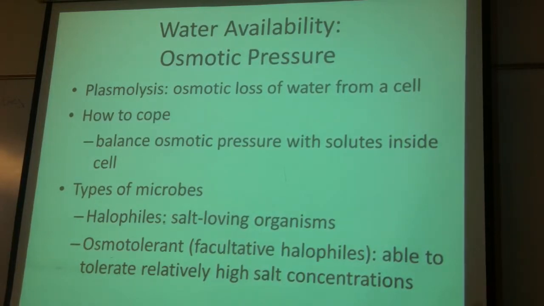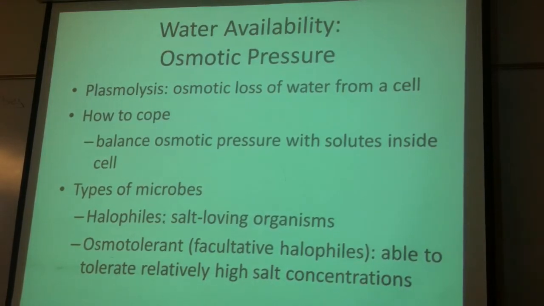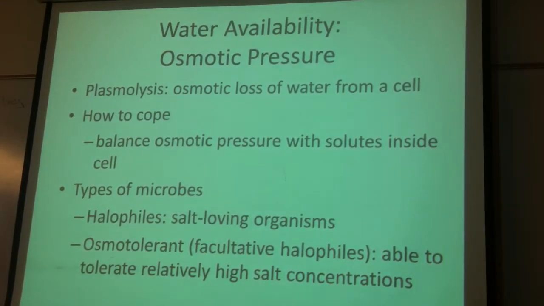If they want to live in high salt conditions, they start turning themselves into halophiles, salt-loving organisms. They start having more solutes on the inside, so that way they can balance out how many solutes are on the outside. They figure out how to balance that pressure so that they aren't losing all of their valuable water.